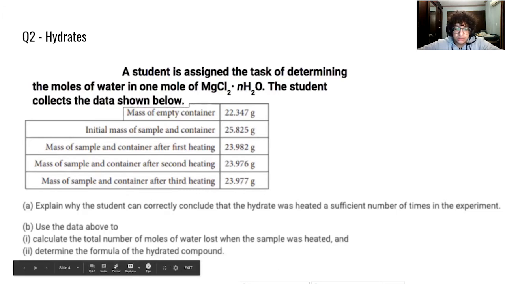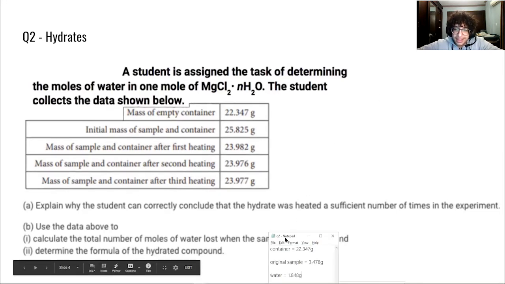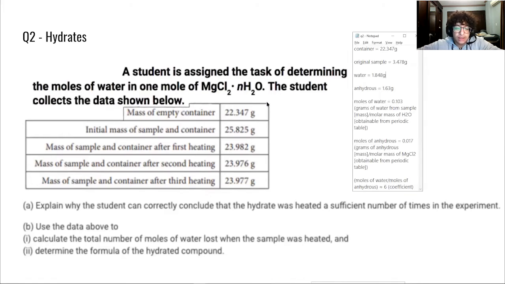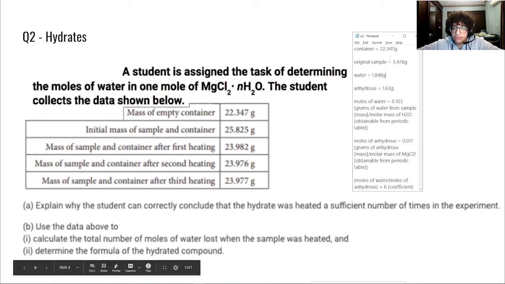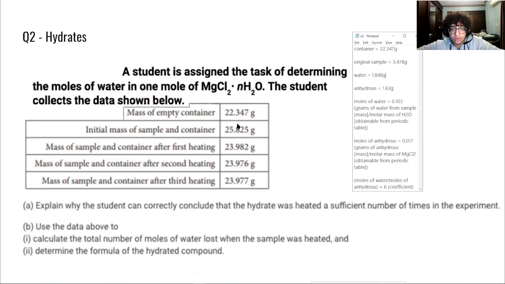Question B needs some calculation, so we're going to pull out another sheet, and it says, calculate the total number of moles of water lost when the sample was heated. All right. So first, as done with the previous question, we're going to pull out the givens. The container alone is 22.347, and if you realize, all of these include 22.347, and so subtracting all of these by 22.347 is going to make everything much, much easier because the numbers are big and confusing.